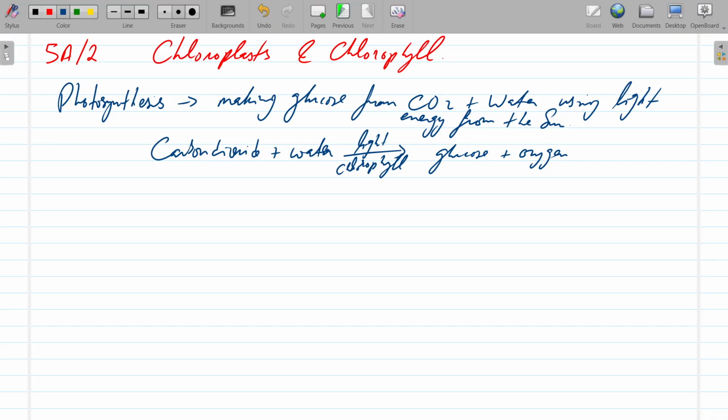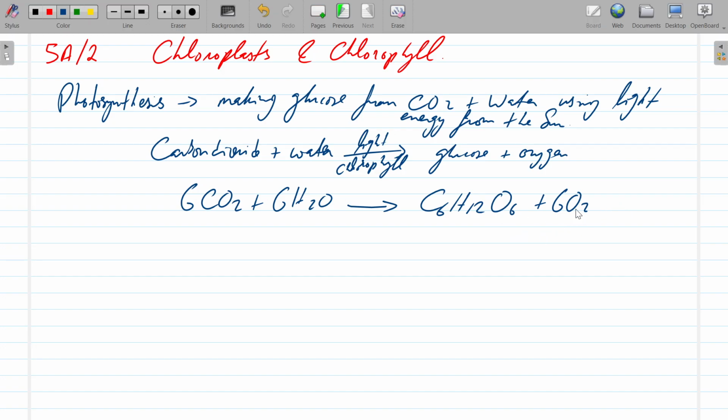So the balanced equation for that is 6CO2. It's pretty much the reverse of respiration. 6CO2 plus 6H2O, again the light and the chlorophyll, and you're getting glucose and 6 molecules of oxygen, and you have a delta H of about 3000 kilojoules.